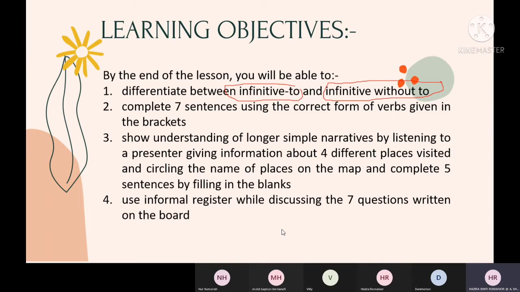Followed by, you will be able to show your understanding of a longer simple narrative by listening to a presenter giving information about 4 different places visited and circling the name of places on the map, and complete 5 sentences by filling in the blanks.